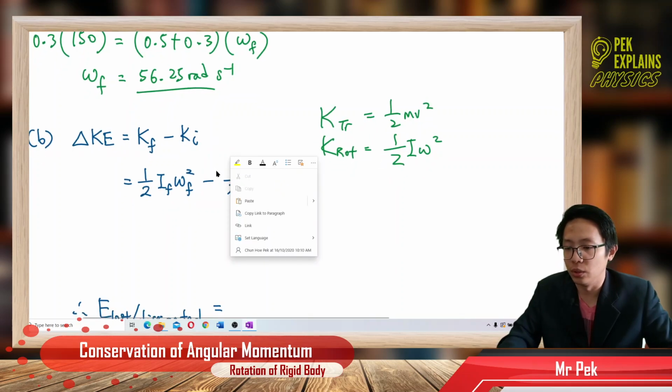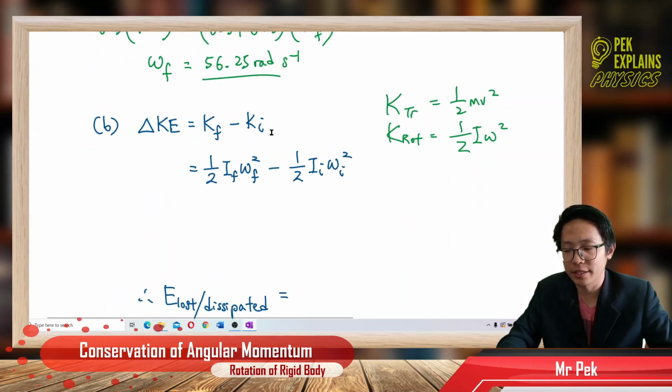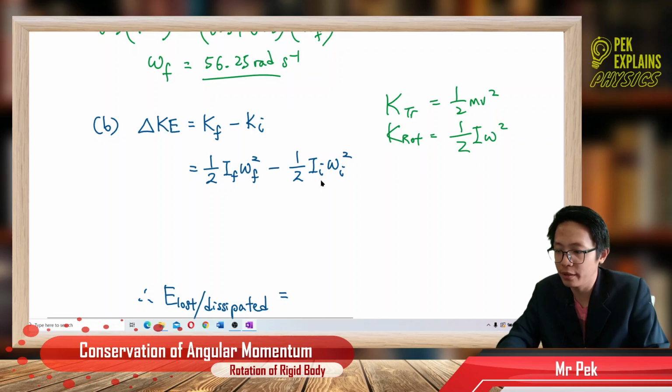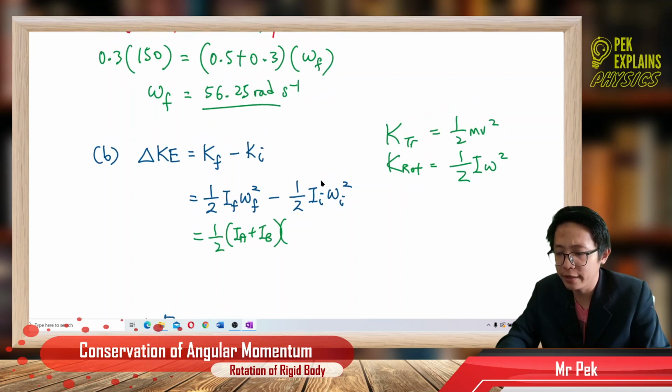Good. So, final kinetic energy minus the initial kinetic energy. We use half I omega squared final minus half I omega squared initial. So just put in all the values. Finally, they attach together, combine together, so we have I_A plus I_B, and then the omega final.